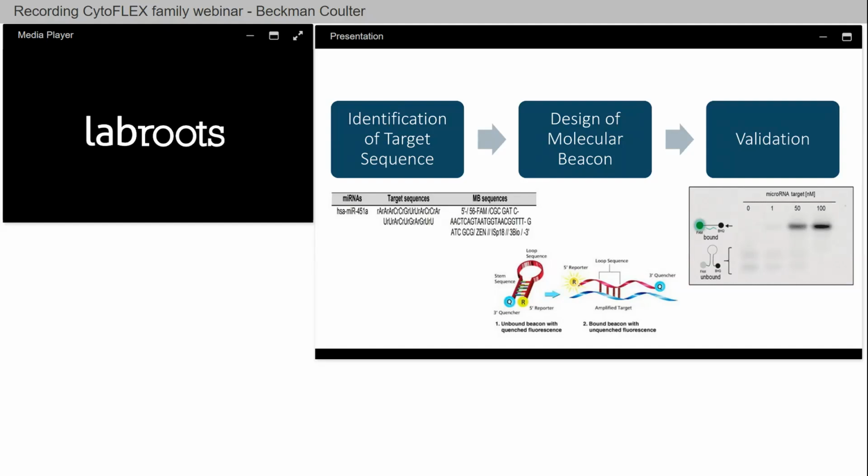It will build you a reverse transcribed molecular beacon sequence with a fluorescence reporter and a quencher. Basically, in the hairpin loop, as they're close together, you get zero fluorescence. As the target binds and it separates, the reporter is able to fluoresce and therefore gives a signal. And this shows the presence of the particular target.